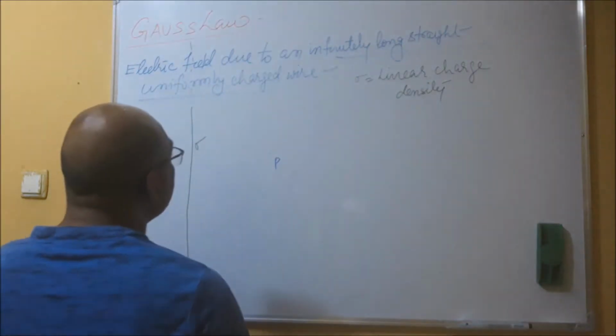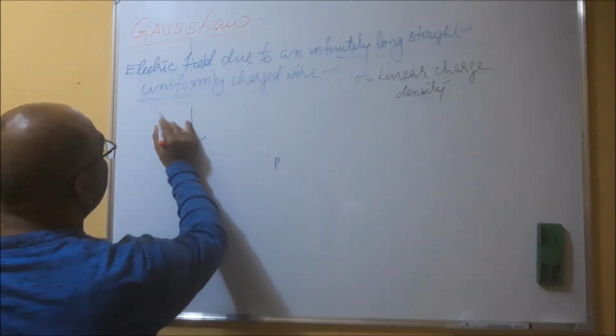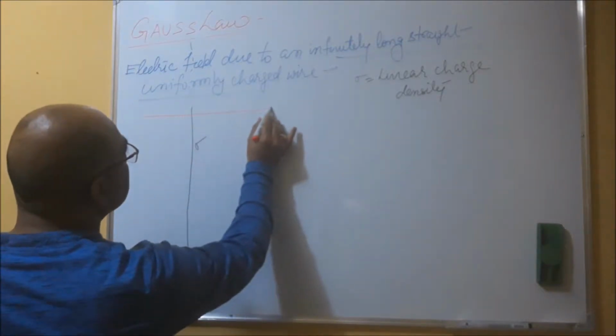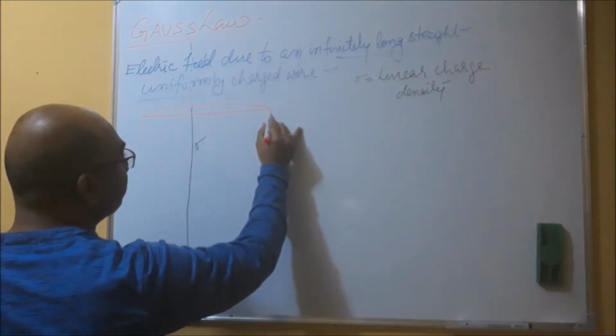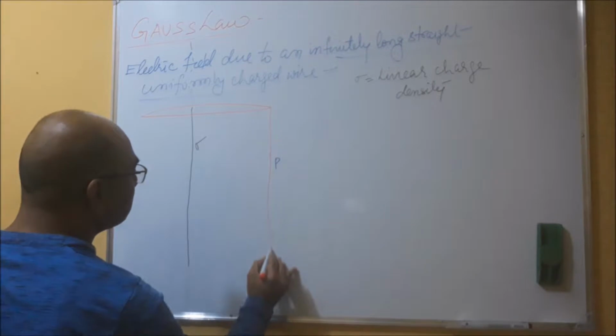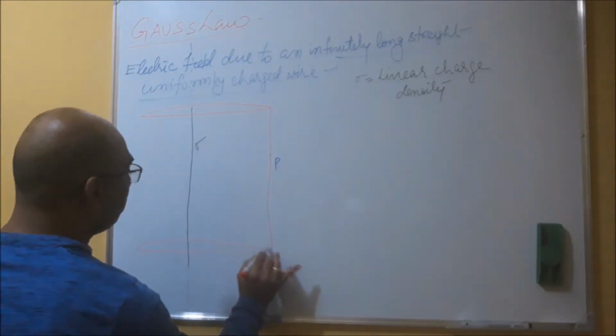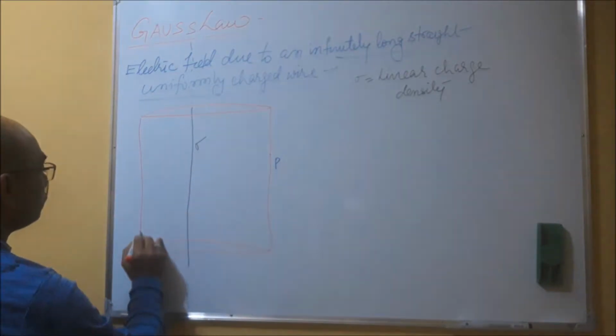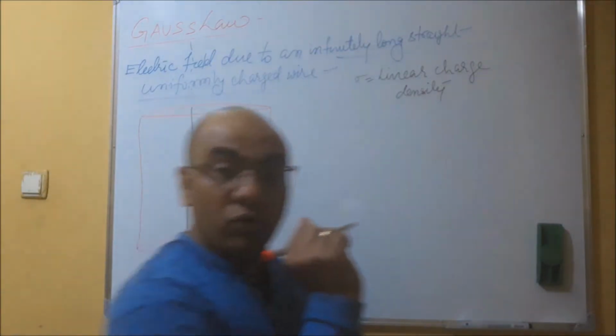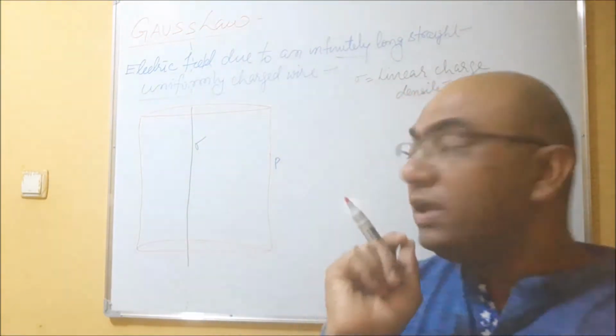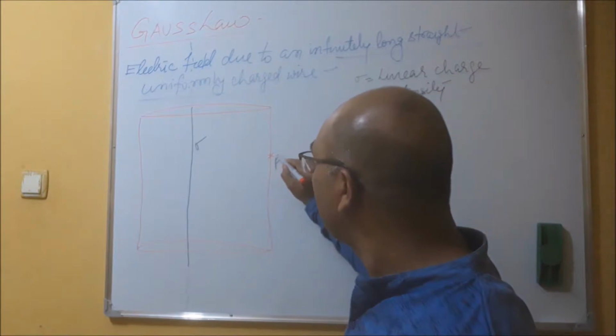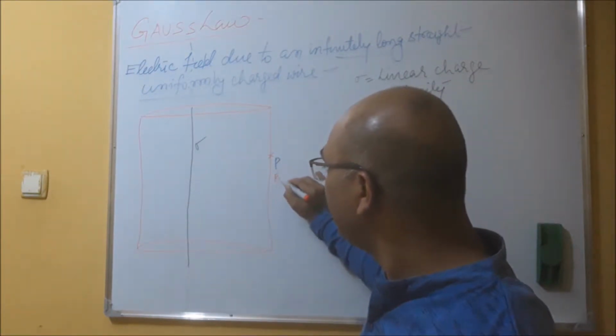So if I try to make a surface like this, which is passing through the point P, and now I want to know the value of electric field at point P. This is my question.